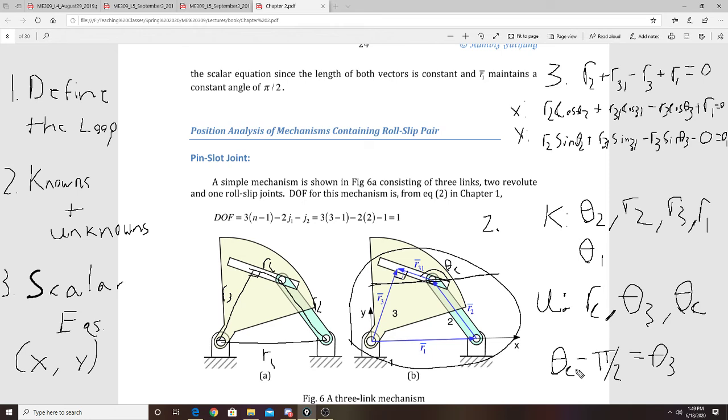You add pi over 2 to theta 3 and you get theta c, right? So your equation solver would be able to do it based on that relationship. If you did not have that, it would not be able to do it, because it would have no way of relating theta 3 and theta c together.